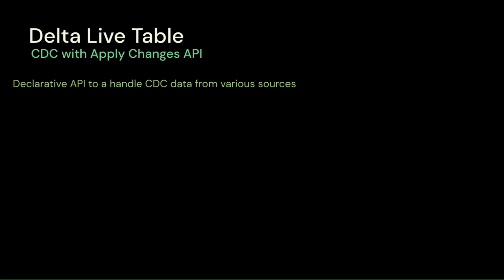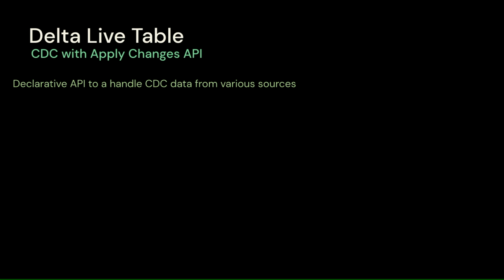Right, so now we'll look at the CDC Apply Changes API provided by Delta Live Tables that you can use to process your change data feed, whether you want to use SCD type 1 or type 2.